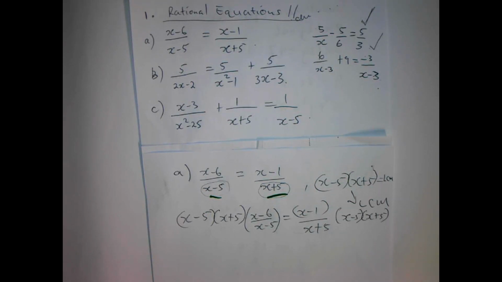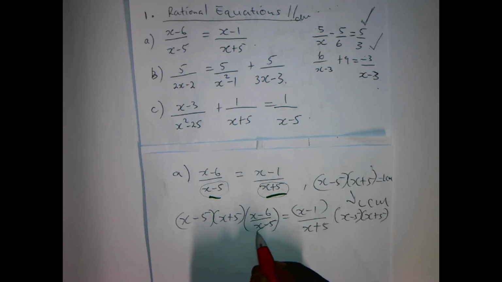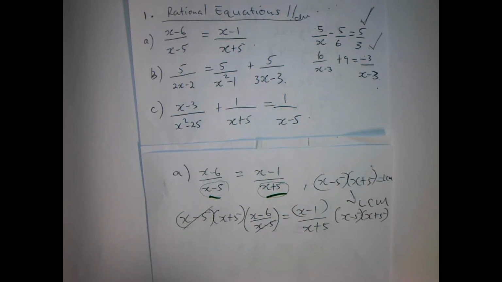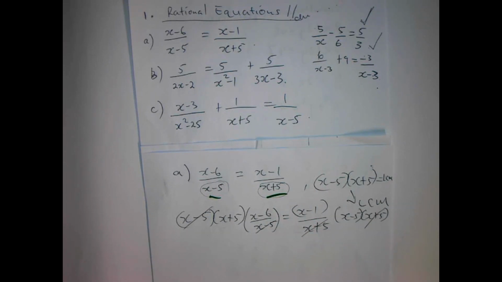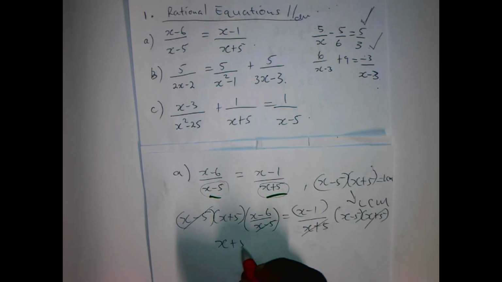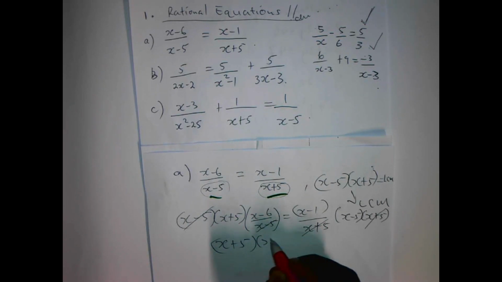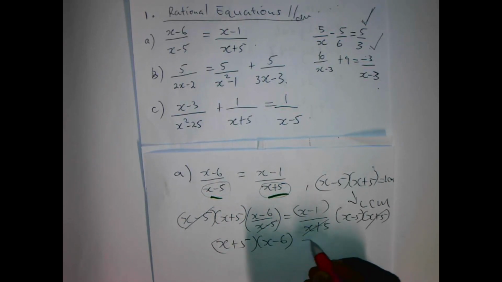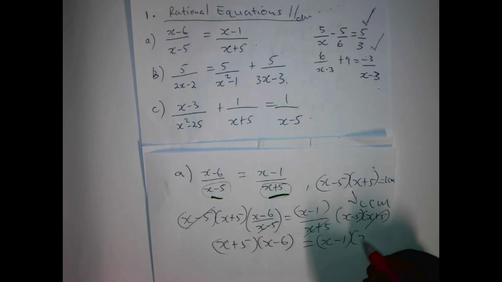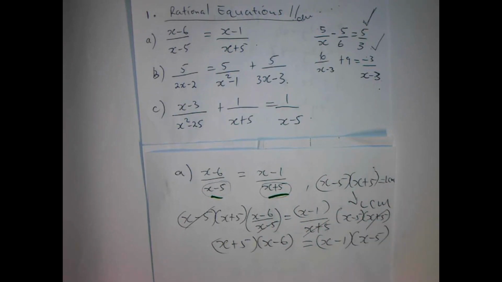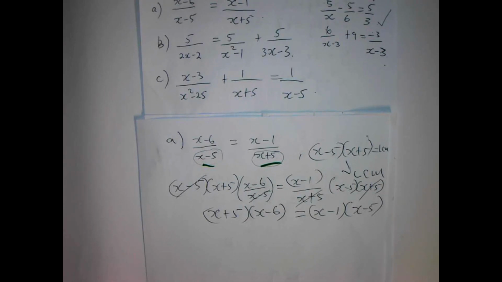Each term must be multiplied. So this cancels and this cancels. This cancels and that cancels. So we will remain with x plus 5 multiplied by x minus 6 is equal to x minus 1 multiplied by x minus 5. Straightforward.